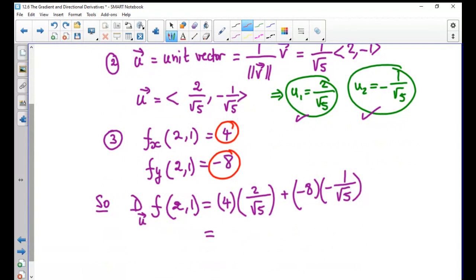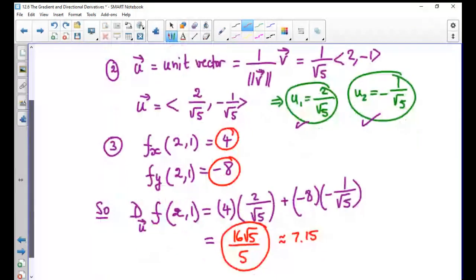I think the answer is 16 square root of 5 over 5, something like this. Which is 7.15, I think. Roughly, if I remember well, maybe 7.15, something like that.